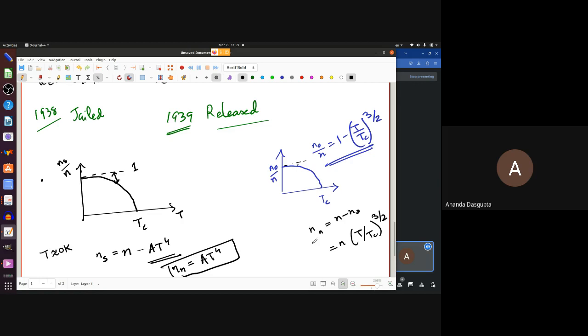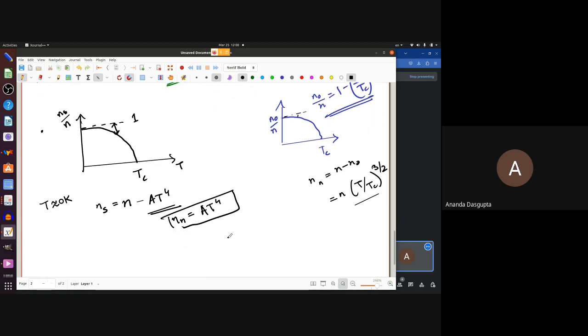So you can see the difference in the two formulas. The BEC formula is accurate throughout. This experimental result was only accurate close to T equal to 0. But close to T equal to 0, this formula should still stay T by Tc to the power 3 by 2. So T to the 3 by 2, whereas experiments tell us it's T to the 4. Very different, right?